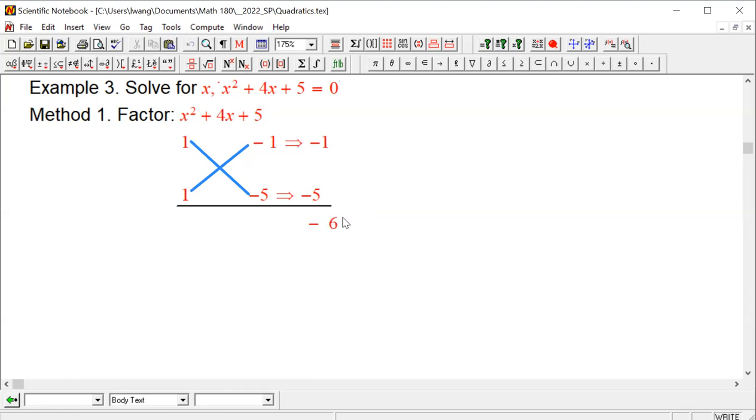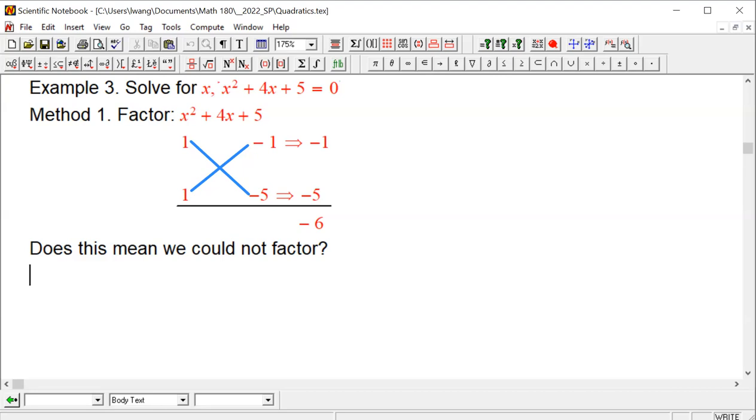What does this tell us? Does this tell us that we cannot factor? What do you think?